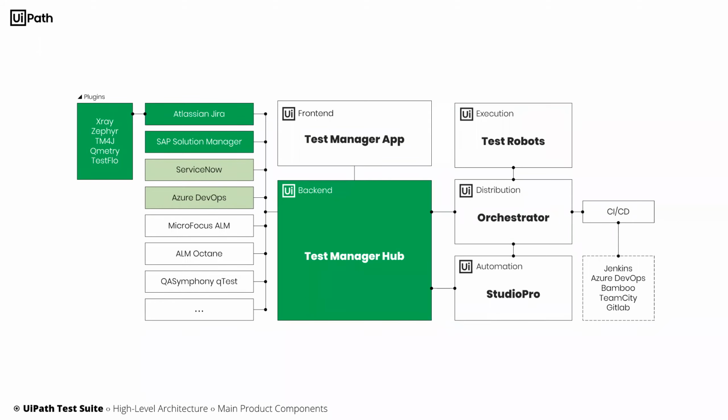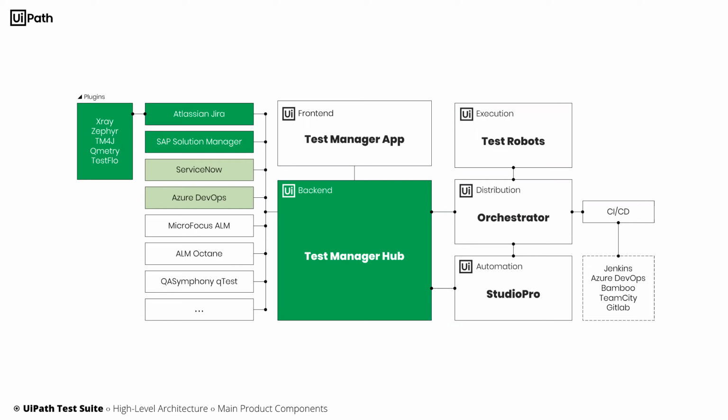So what you can see here is, on the right-hand side, the established and well-known UiPath tools. We have the robots, which allow you to execute automation. You can do that for RPA purposes. You can test your RPA, and you can also do the traditional application testing with the help of robots.